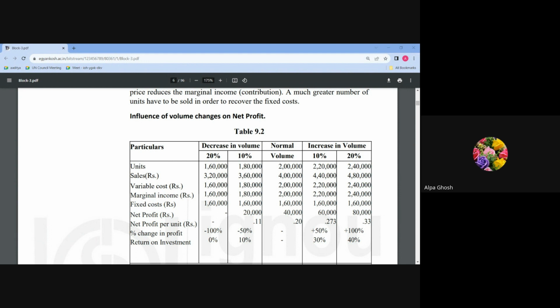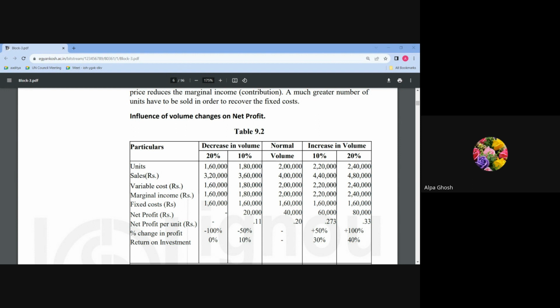Fixed cost never changes with the change in the volume, with the change in the output. So whether it is 2 lakh, whether it is 1,60,000 or whether it is 5 lakhs, the fixed cost which is given in the question, 1,60,000, is going to remain the same. So marginal income minus fixed cost, both are same.